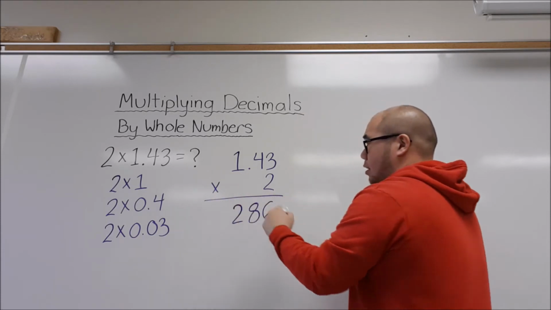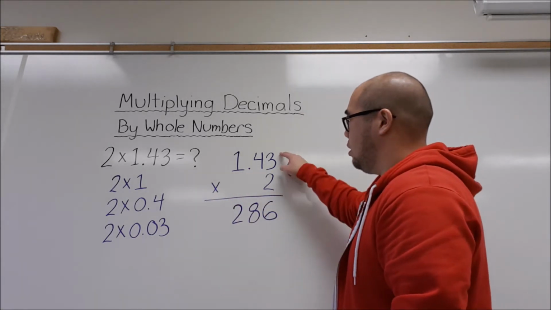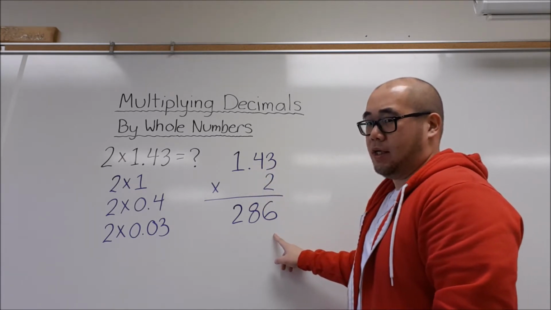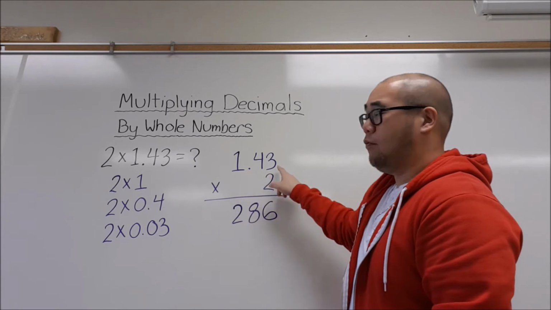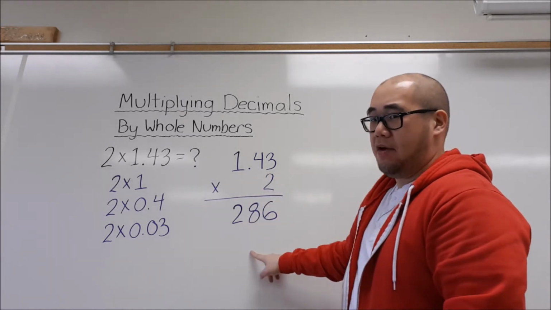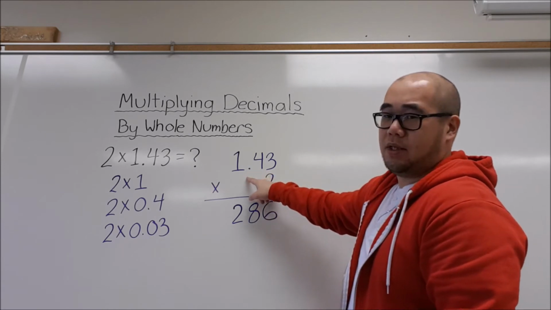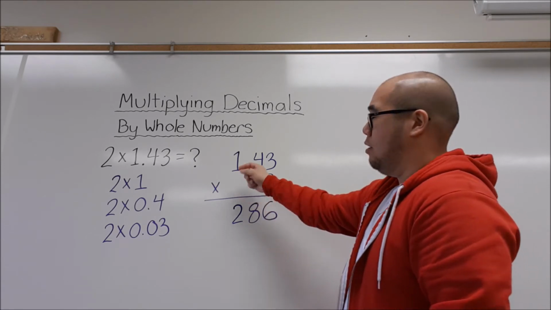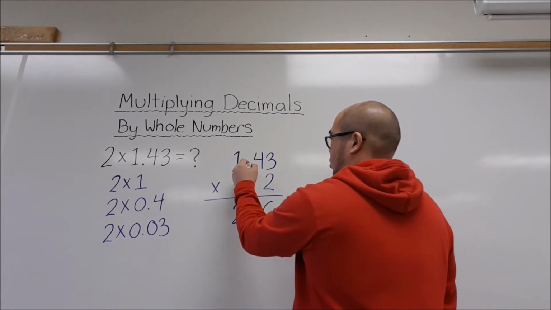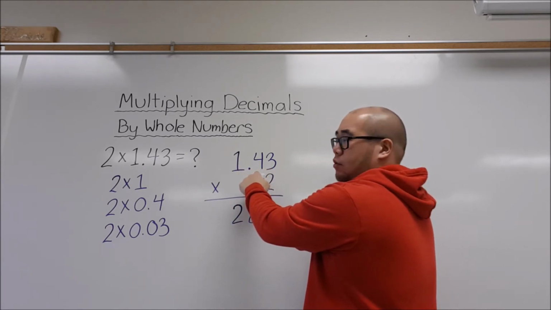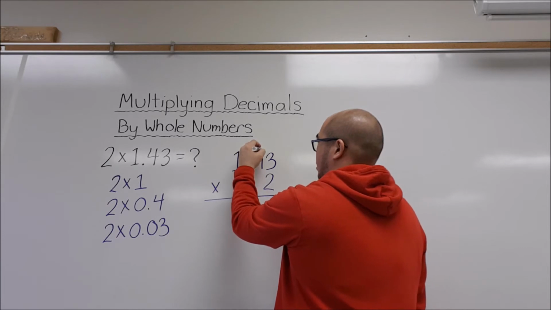Now notice I didn't include the decimal place. 1.43 times 2 does not give me 286. If I went 143 times 2, that would give me an answer of 286. But since there's a decimal place there, we've got to take a look at that. Notice how this one decimal place right here, there are 2 numbers after it. There's a 4 and a 3.